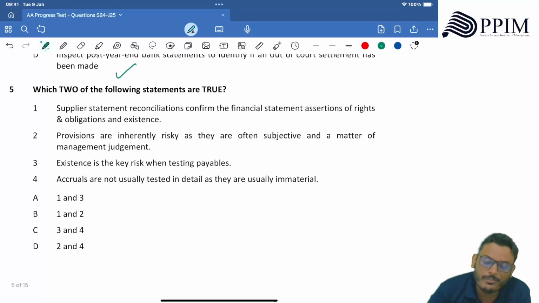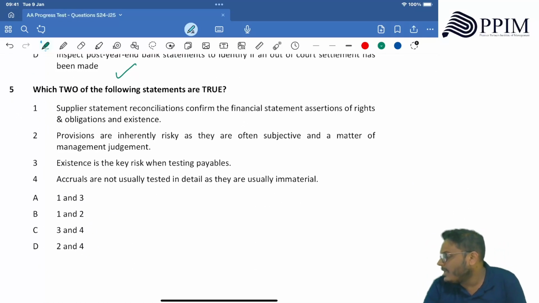Question number 5. Which two of the following, each question carries 2 marks. Which of the following statements are true? Supplier statement reconciliation confirms the financial statement assertions of rights and obligation and existence.